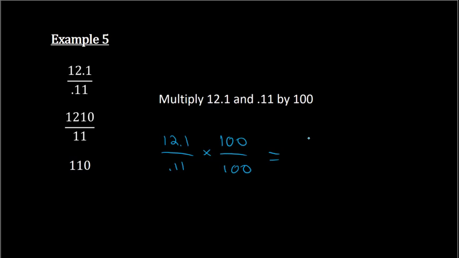Because when we do that, that's how we got the 1210 over 11. But that works because here, 100 over 100 is a fancy way of writing 1. So basically we're multiplying by 1, which does not change the original value. All it does for us is it changes the way it looks, which makes it into a problem that we can now work with. So that's the behind the scenes of why this process works.